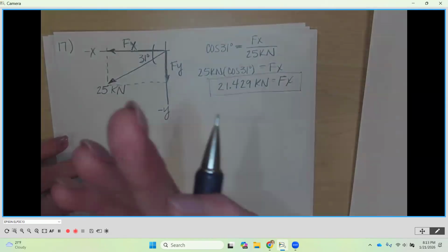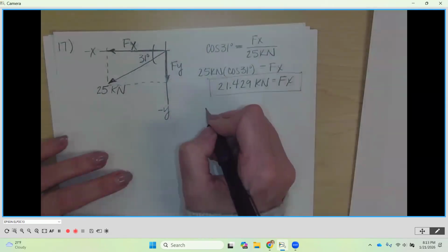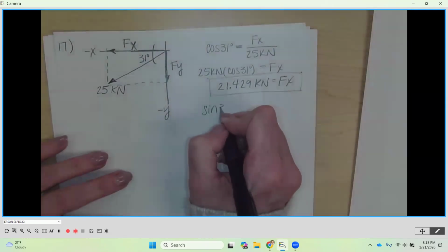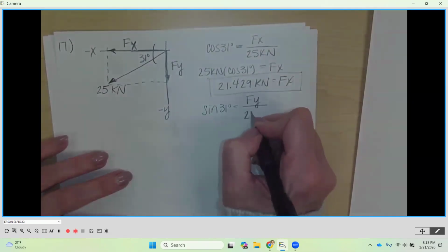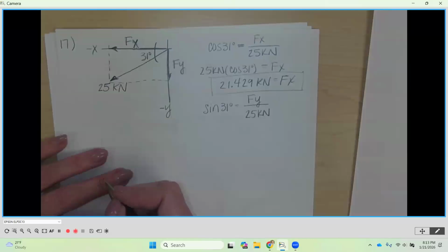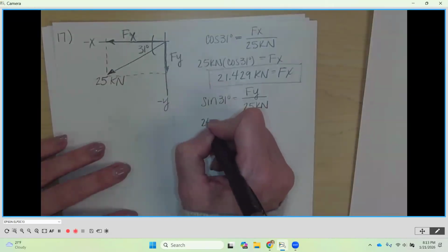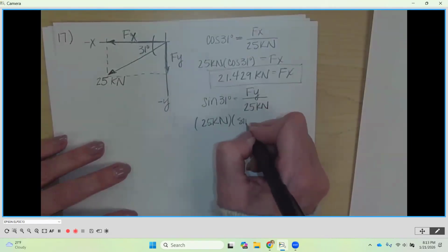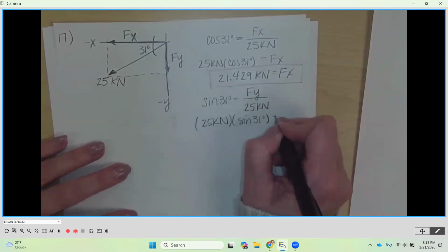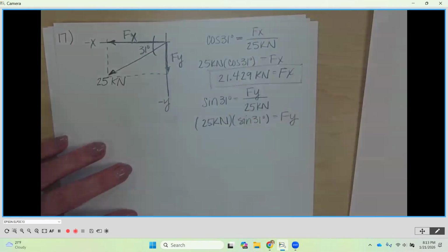Sine. Yeah, it's always sine or cosine, honestly. So sine of 31 degrees is going to be equal to our Fy divided by 25 kilonewtons. And we multiply the 25 kilonewtons up times the sine of 31 degrees is equal to Fy.